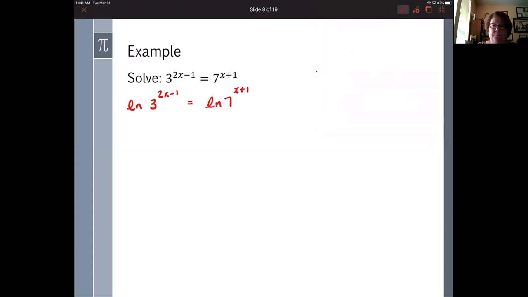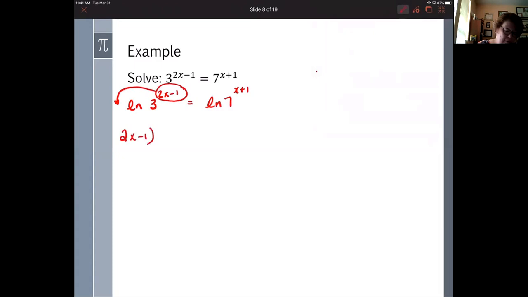Because now, since I've taken the natural log of both sides, and I have something being raised to a power, I can actually take that exponent out as a factor. So when I take this 2x minus 1 out, I need to be sure and put parentheses around it, because that's going to be a factor that I'm multiplying times the natural log of 3.